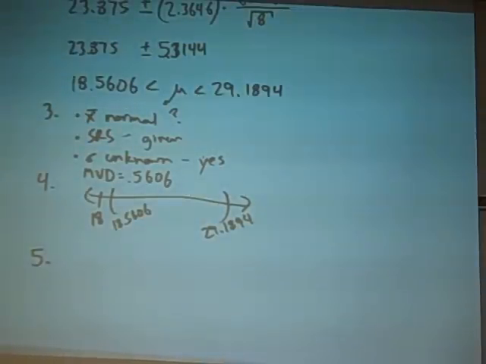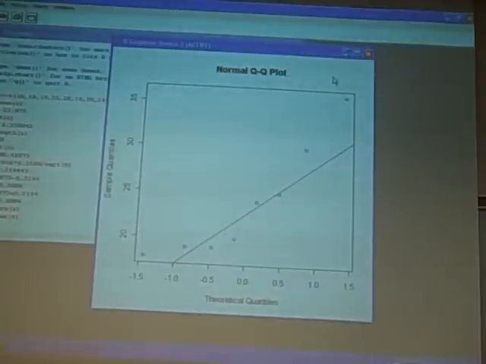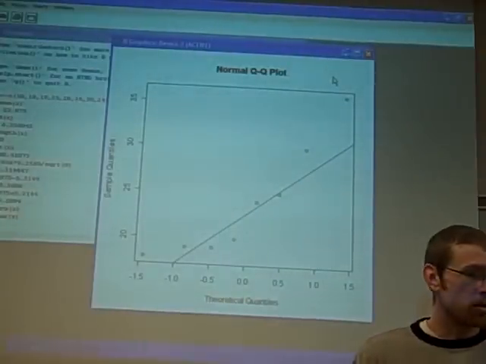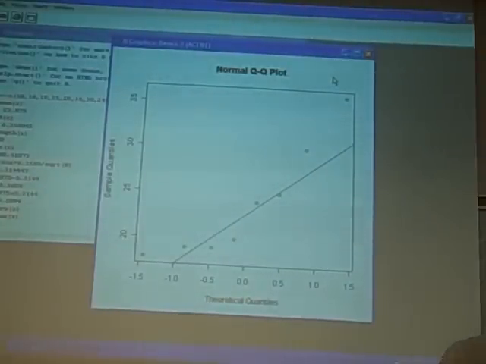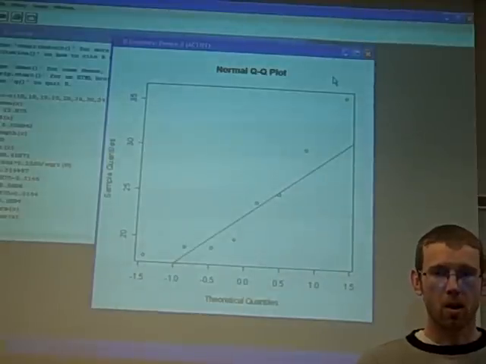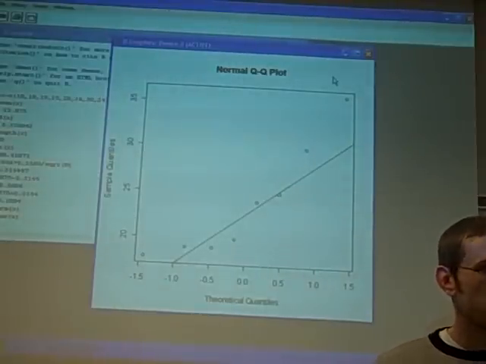So what I'm going to do here real quickly is put together a QQ plot. We can do this in any number of ways. This is a QQ plot of these data, of these 8 points. What is it that we're looking for in the QQ plot that would indicate normality? Now we can't prove normality.